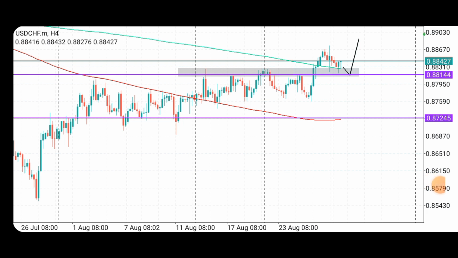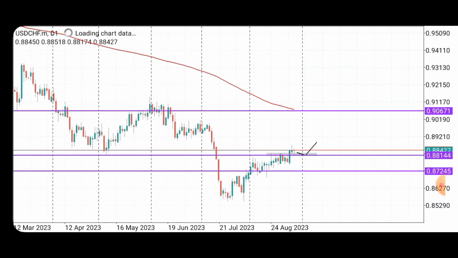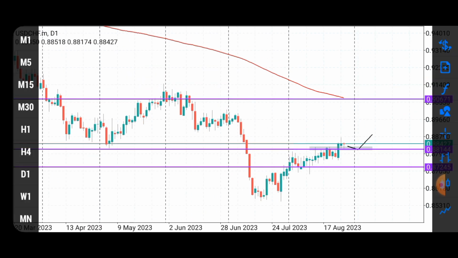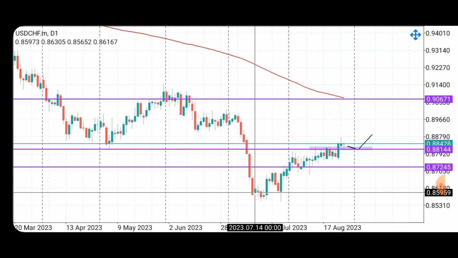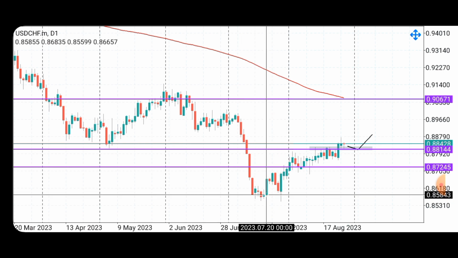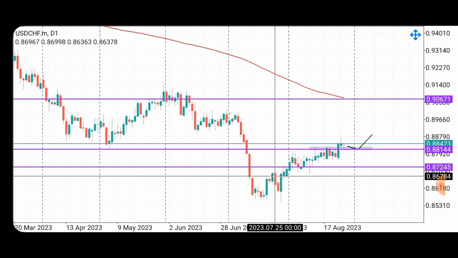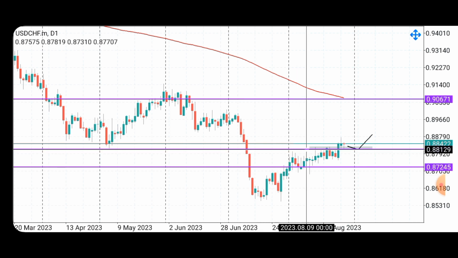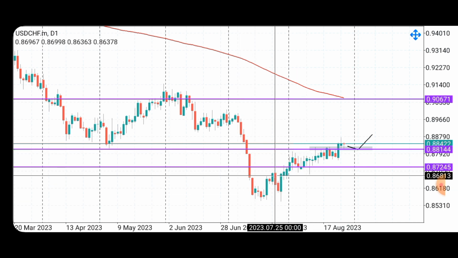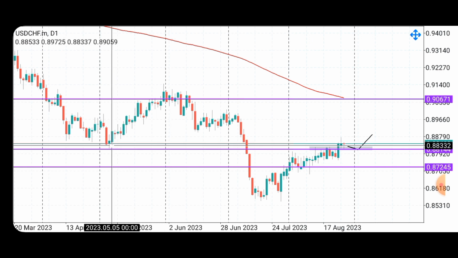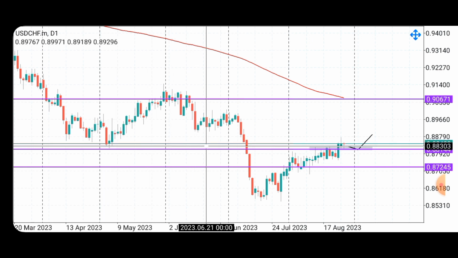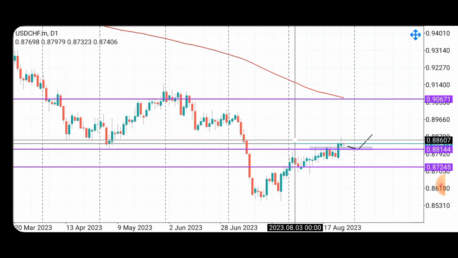Now let's look at the USDCHF on the 4-hour time frame. Let's quickly go on the daily. I've been analyzing the USDCHF for quite some time in previous videos. We analyzed it while it was here and anticipated that it would break out and continue, technically on a downtrend. But then we've seen that price never tested this zone. It just broke out and never came back to retest.